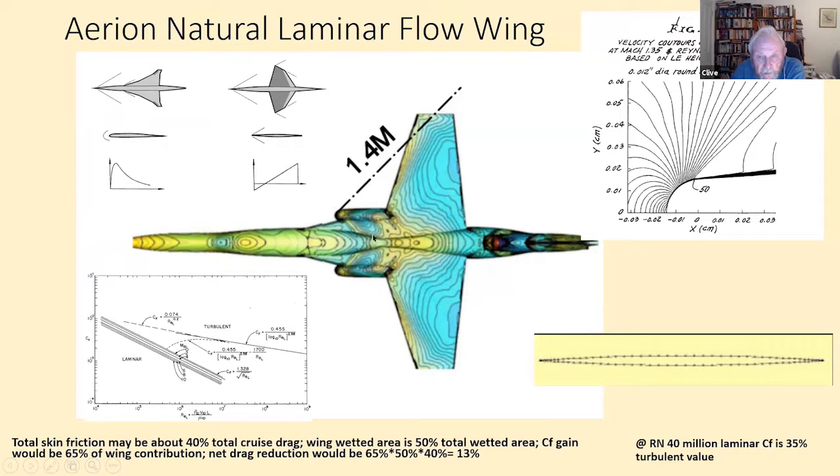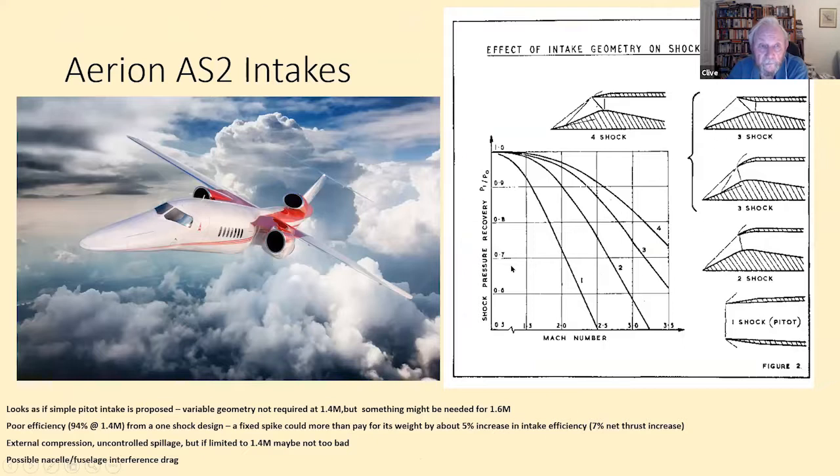So you might gain 65% of the wing skin friction. So the aircraft gain you're looking at as a maximum is 65 times 50 times 40, which is 13%. It's that, and then the uncertainties which go with that, and that leaves me wondering a little bit.